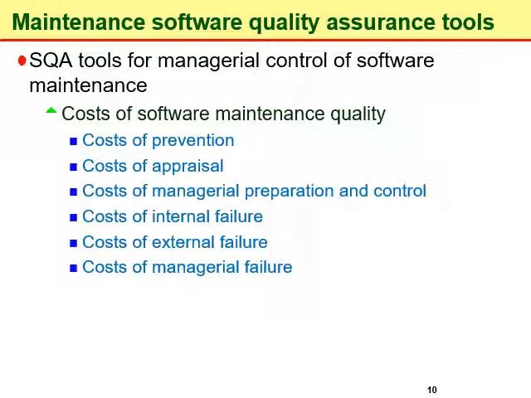Then cost of managerial preparation and control, that is it includes costs of preparation of maintenance plans, maintenance team recruitments, and follow-up of maintenance team's performance, etc. And then the next is cost of internal failures, and it includes cost of software failure corrections that are initiated by the maintenance teams.